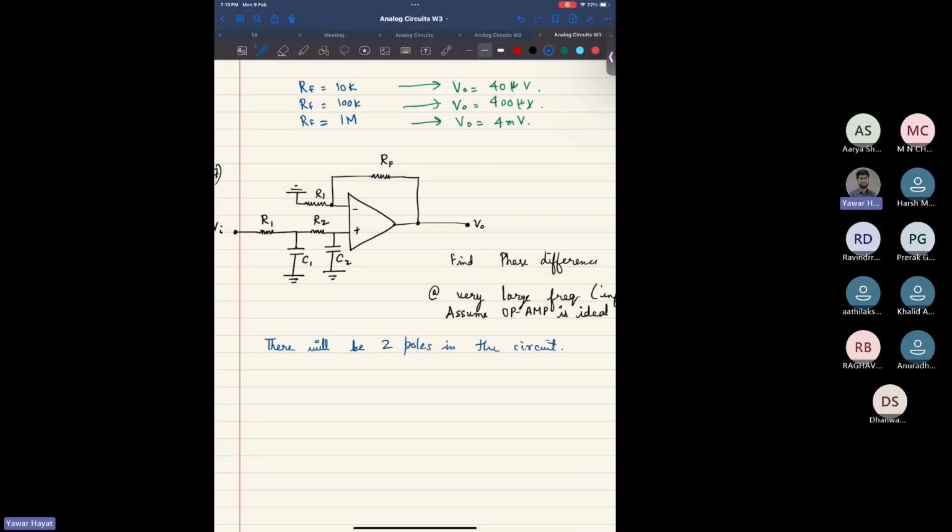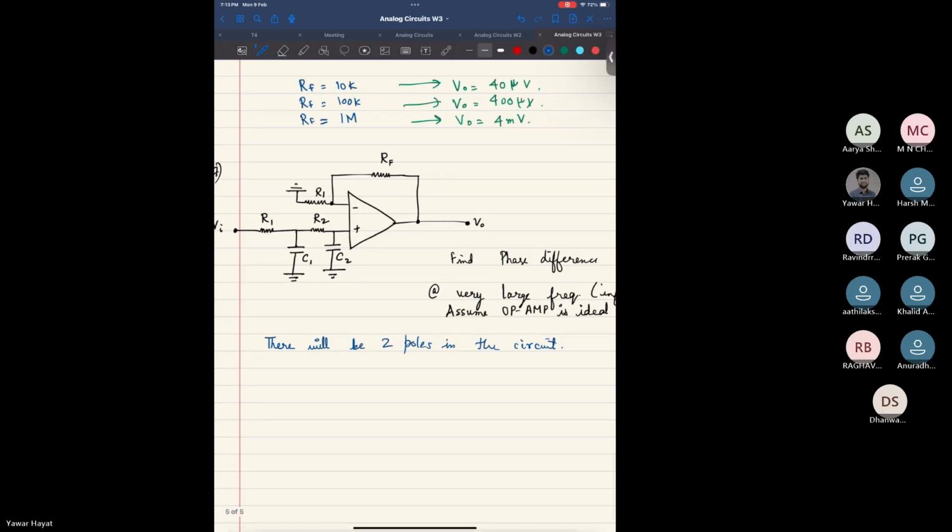And how much does one pole provide a phase difference in the circuit? One pole provides a phase difference of minus 90 degrees, right? So how much phase difference would two poles provide? Minus 180, right?